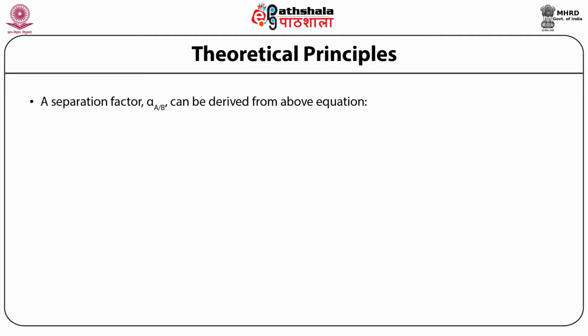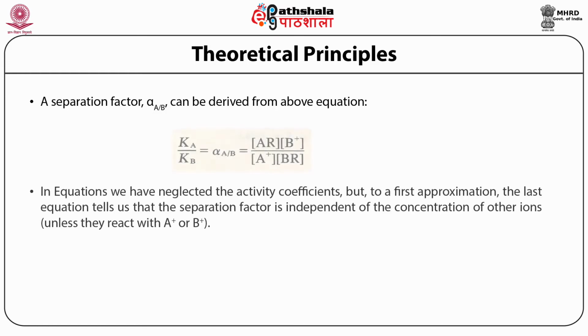A separation factor alpha A upon B can be derived from the above equations and is represented as in the following equation. We have neglected the activity coefficient, but to a first approximation, the last equation tells us that the separation factor is independent of the concentration of other ions.